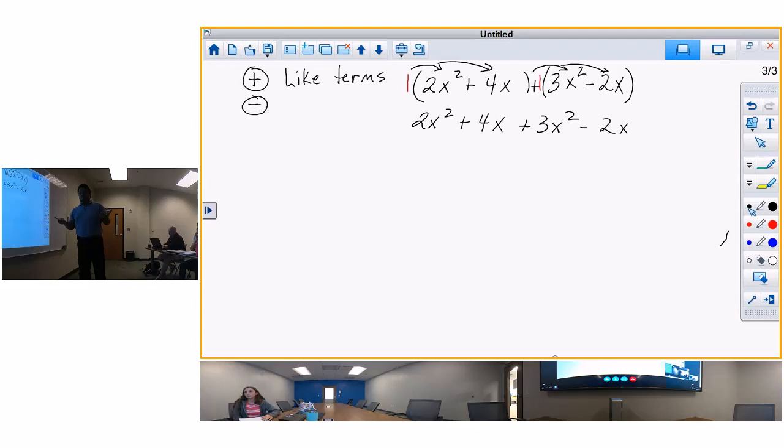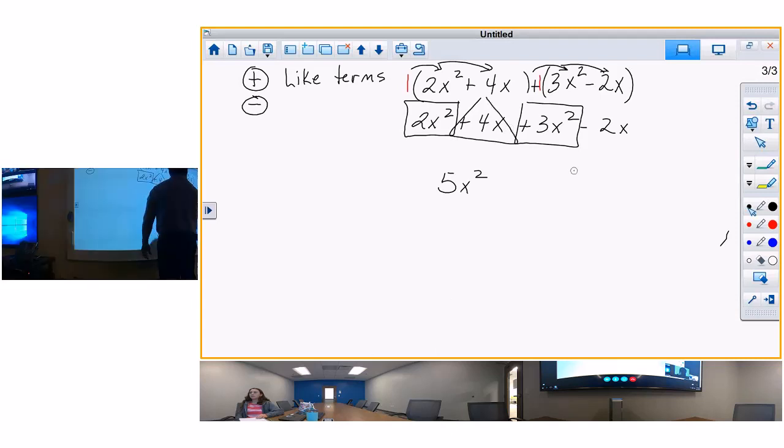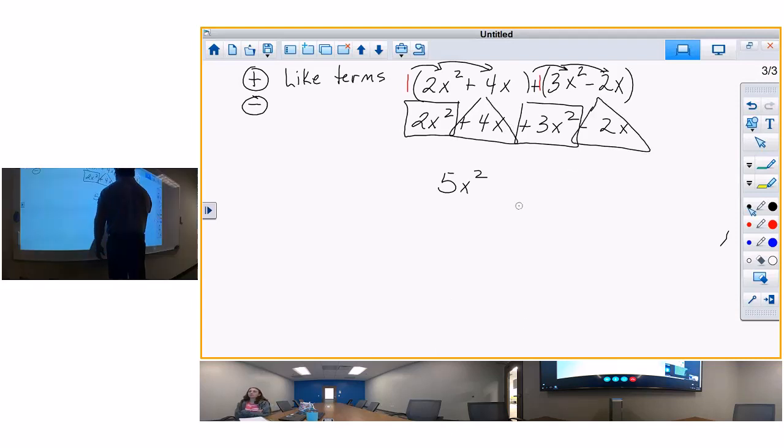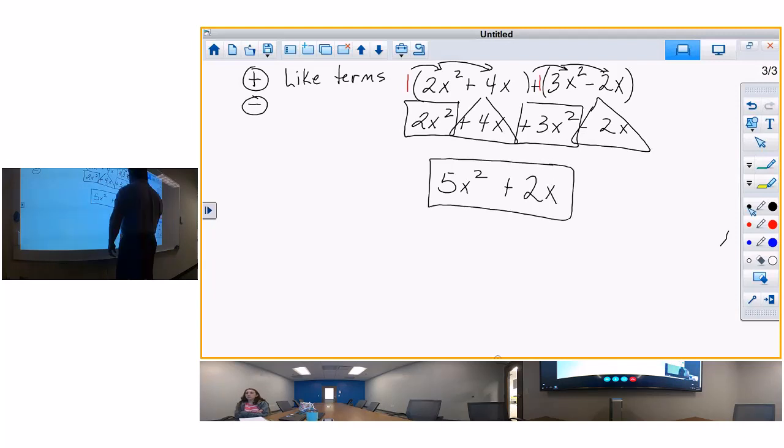X is like cans of beans. You can't add a box of cereal and a can of beans and get a box of cereal. So think of it as apples and oranges. So here we have 2 boxes of cereal plus 3 boxes of cereal equals 5 boxes of cereal. 4 cans of beans minus 2 cans of beans is equal to 2 cans of beans. And that's the way you combine like terms, whether you subtract or add.